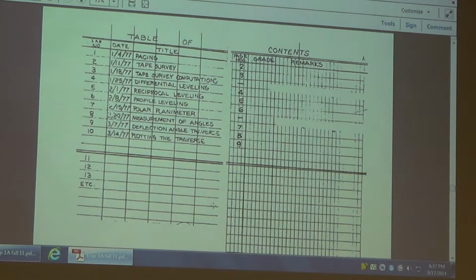Don't write the lab numbers. Don't write the titles. Don't put the date. Don't put the page numbers. So just look up after you have table of contents written in all the headings.